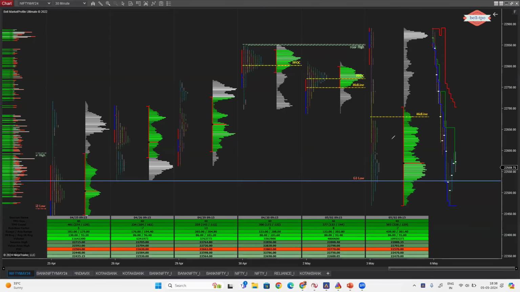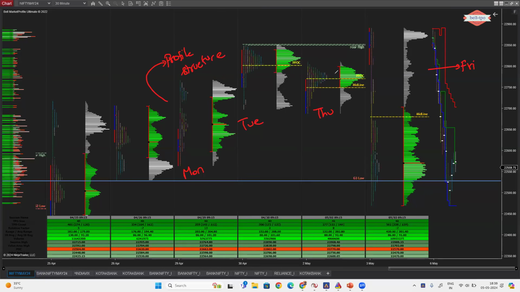The entire price action is distributed in the form of a profile structure. So this is Friday's price action, and this is Thursday's price action, and probably we have Tuesday and Monday. Of course, Wednesday is a holiday. So every day we have a profile structure, and we call each of these a profile structure.